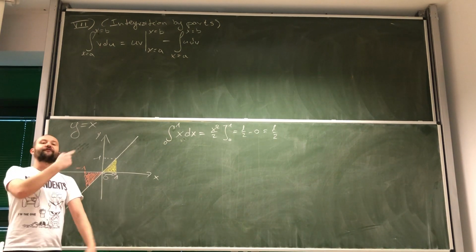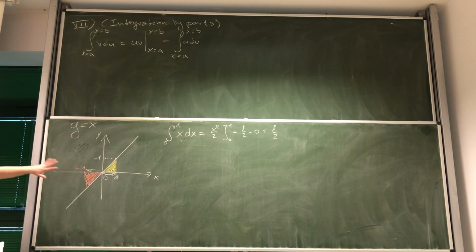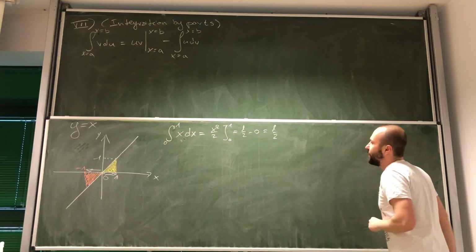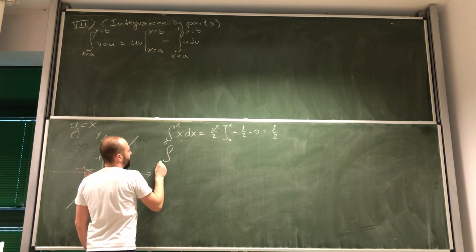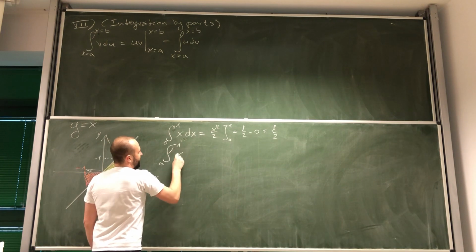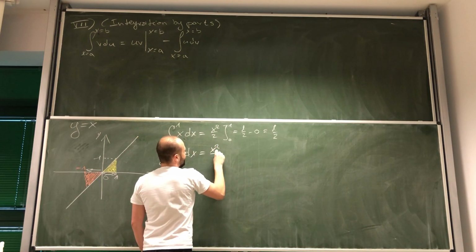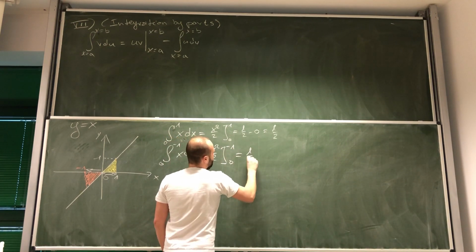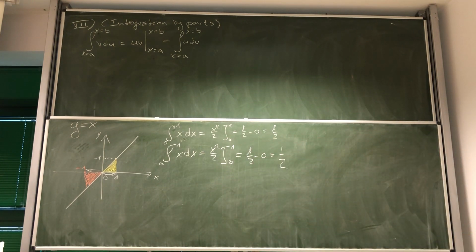Now we need to reverse the direction of dx's, going from 0 to -1, and by doing so, we obtain a positive area. So we get the integral from 0 to -1 of x dx, which is x squared over 2, nothing changes here, from 0 to -1, this is 1 over 2 minus 0, so 1 over 2.